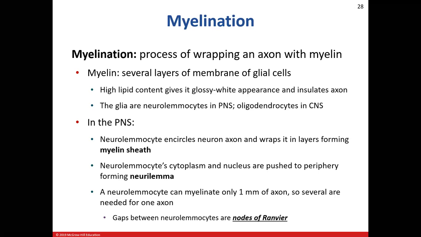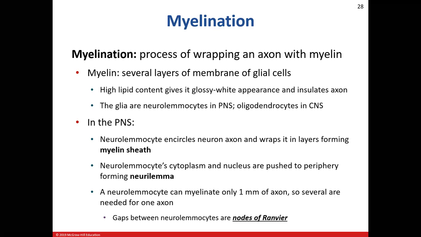It's this wrapping of the axon with the myelin cells. Now, myelin has a very high lipid content, and it gives the neuron or the axon a glossy white appearance, and it insulates the axon. The glia are the neurolemmacytes in the PNS, as we said, and the oligodendrocytes in the CNS.